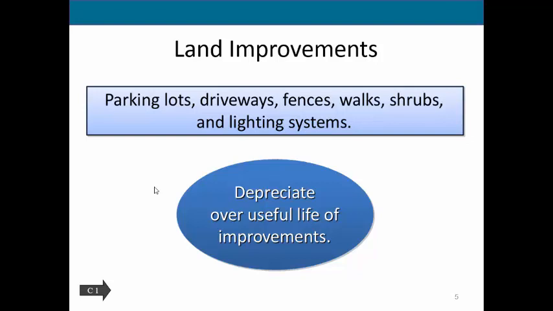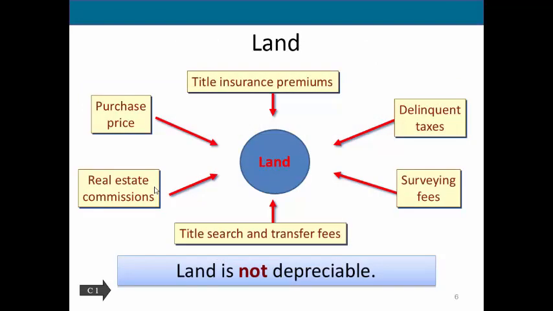For example, we put a parking lot. The parking lot does decrease in value over time. Therefore, we will depreciate the parking lot. However, the land upon which the parking lot is on, we will not depreciate that land because, in truth, the value does not decline over time. And we'll get into that as we move forward, but I just wanted to touch on that while we were talking about land improvements here.